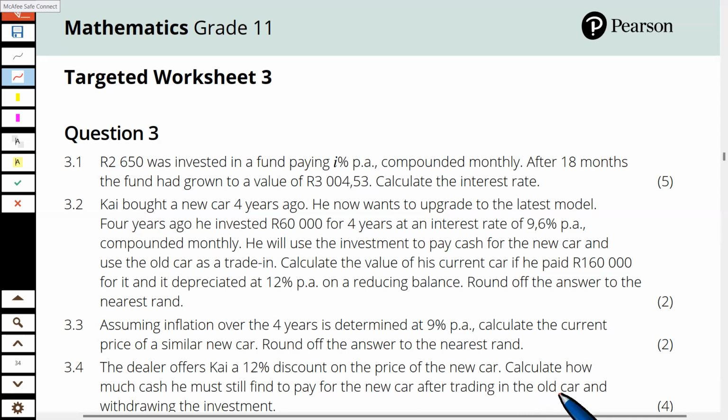Right. Let me see what you got. Right. You got exactly that one there in 3.1. Remember, we are looking at this one. So we're going to check this one here. We are saying this amount of money, 2,650, was invested in a fund paying 5%. It's an investment, compounded monthly.